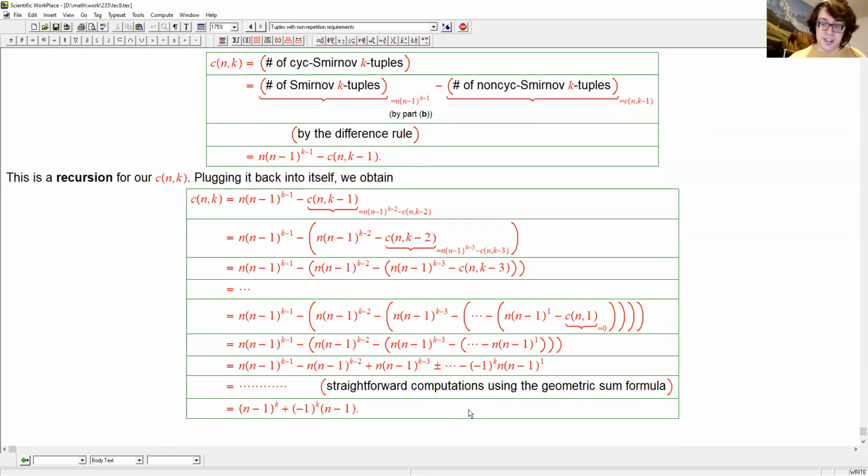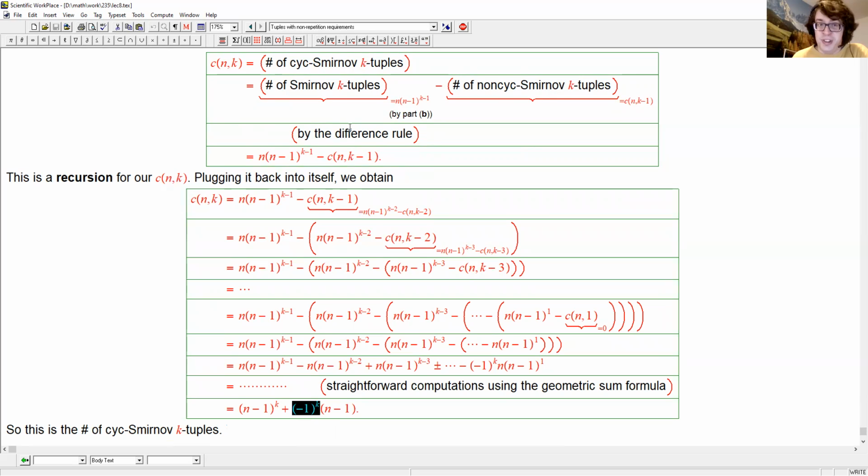All right, so this is the number of 6 Smirnov k-tuples. And by the way, in a sense, this kind of indirect argument is predetermined when you see this minus 1 to the k. You couldn't have gotten this formula in any easier way.